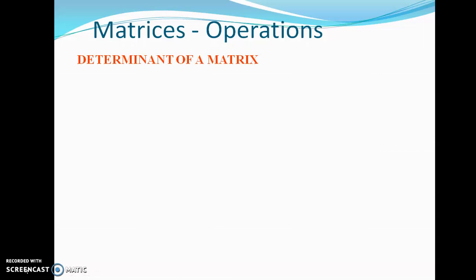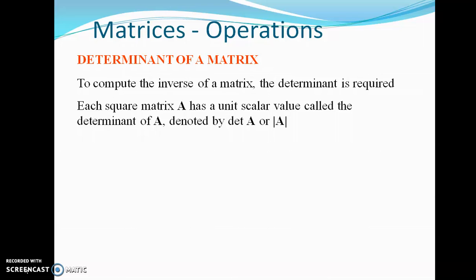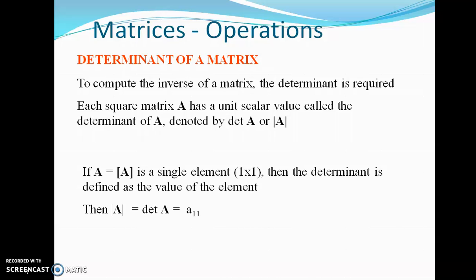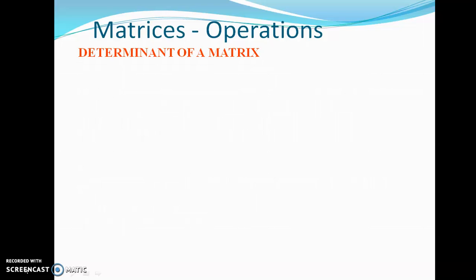Another important operation is the determinant of a matrix. It is required to compute the inverse of a matrix. Every square matrix has a unique scalar value and it is called the determinant of A. For a matrix containing a single element, the value of the element is the determinant of the matrix.